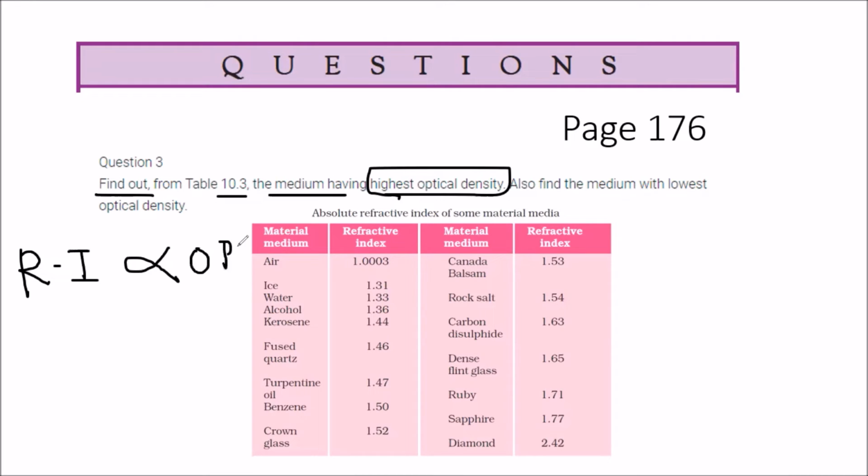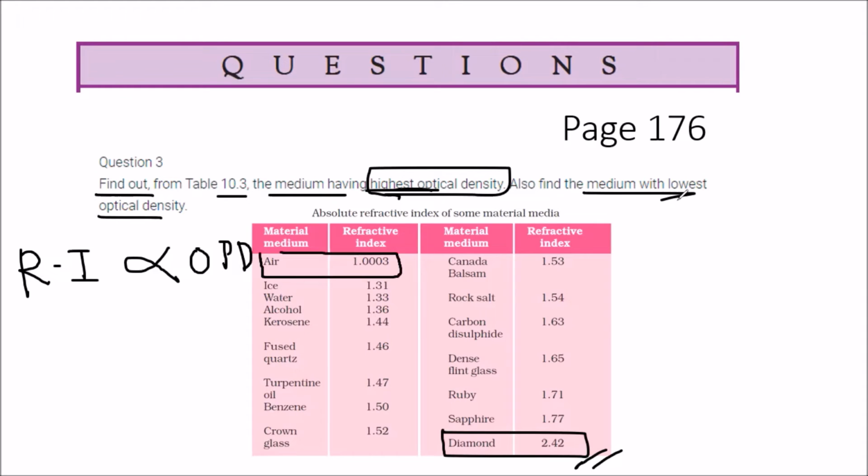I am writing OPD, optical density. Amongst all of them, diamond has the maximum refractive index, which means it will have higher optical density. The question also says find the medium with lowest optical density, which means lowest refractive index, which is air. So the answer for highest refractive index is diamond, and the answer for lowest refractive index is air.